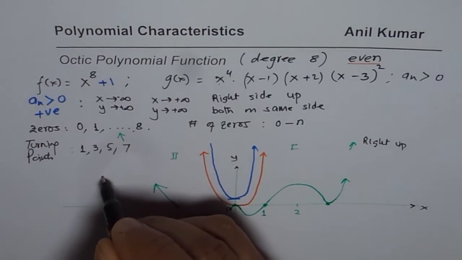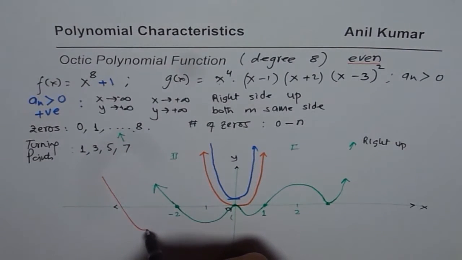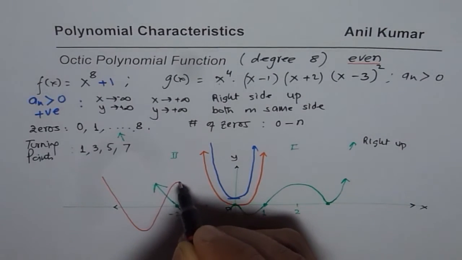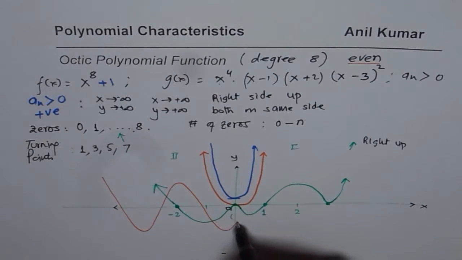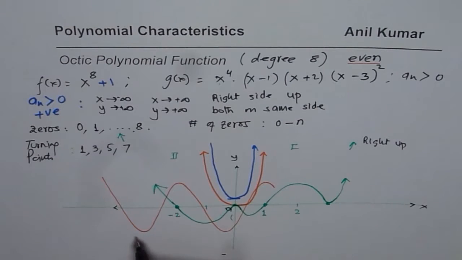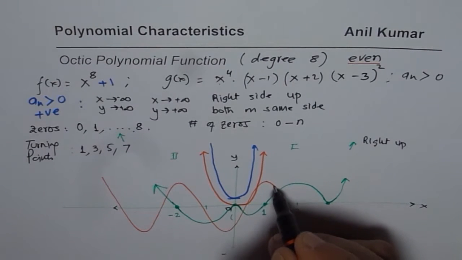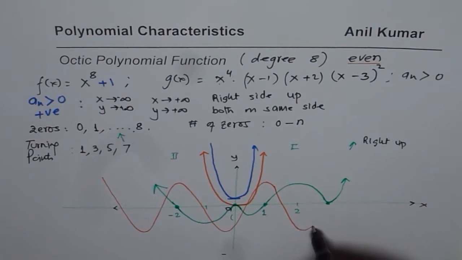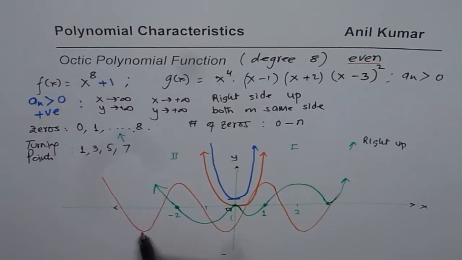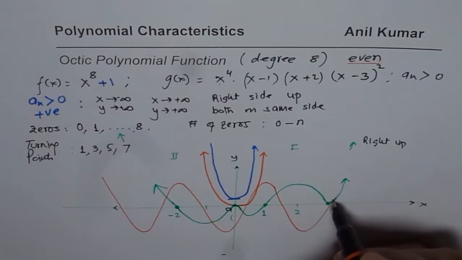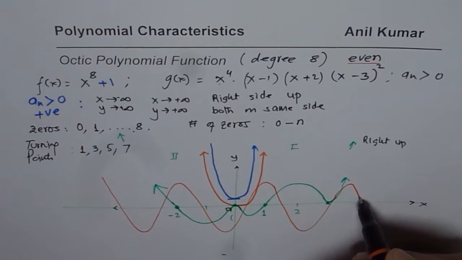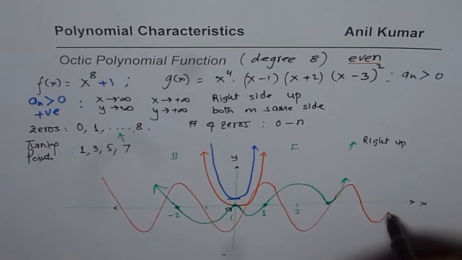So it will be kind of like this. Let's count. 1 turning point, right? 2, 3, 4, 5. So we have 1, 2, 3, 4, 5, 6, 7, and 8.